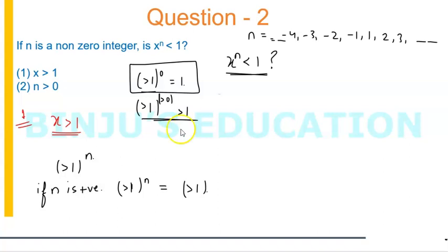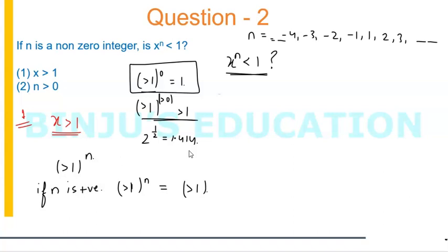For example, 2 to the power 1 by 2 is 1.41, still greater than 1. Even the cube root of 2 is greater than 1. Even the 100th root of 2 is greater than 1. 2 to the power 0 is 1, but if the power is greater than 0, then 2 to the power anything greater than 0 will always be greater than 1.